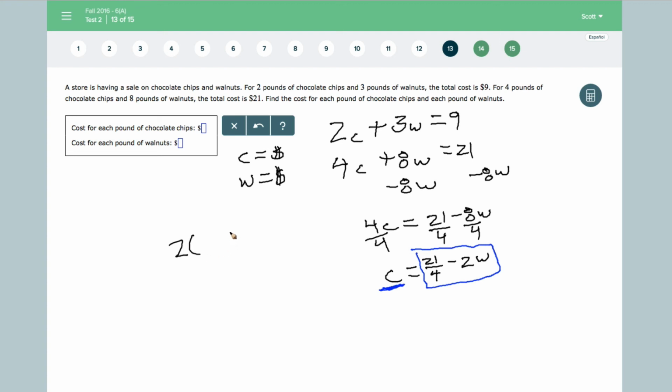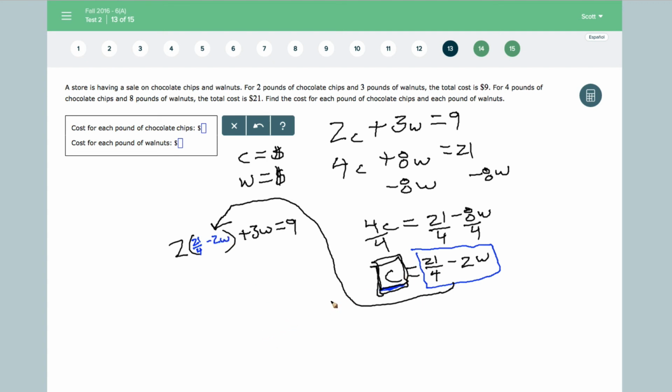2C, remember that's what I'm plugging in. That's what I'm exchanging, so that's what goes into parentheses, plus 3w equals 9. Now I'm taking this amount right here and putting it right there. So 21 over 4 minus 2w.